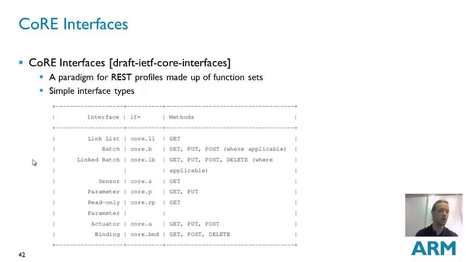Any kind of sensor could use this interface type and then define what kind of sensor it is and what kind of value. Could be a parameter, a read-only parameter, an actuator, and it defines things like bindings and batch formats, links. So you can really build and rebuild and reuse these interfaces to build different kinds of sensors and actuators. So this is a recommendation for REST interfaces.